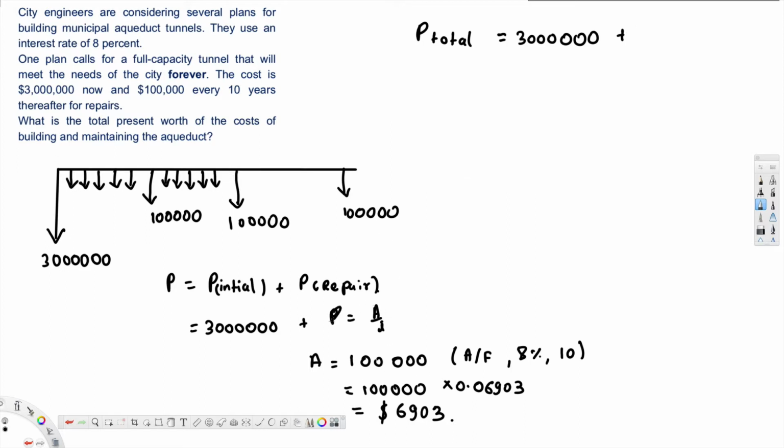So here P repair is A over i. So A is 6903, and i is 8%, in decimal 0.08. And if you calculate this one, you're going to get 3,086,288, and that's the final answer.